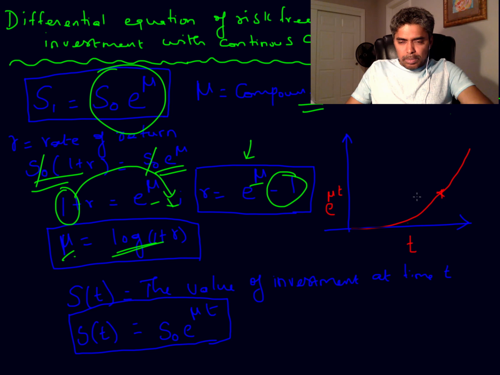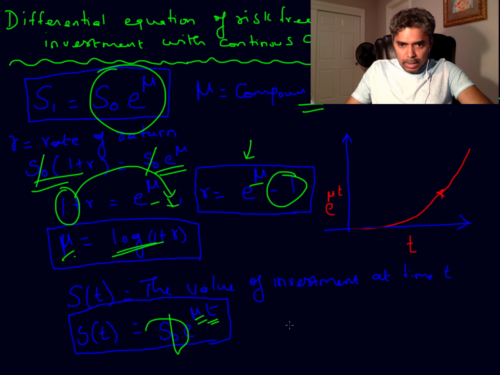I touched on the exponential growth in the previous video. Let's say S of t is the value of the investment at time t. Then the value of the investment at time t is going to be S0, the initial investment, times e to the power mu, the compound rate, times the number of years.